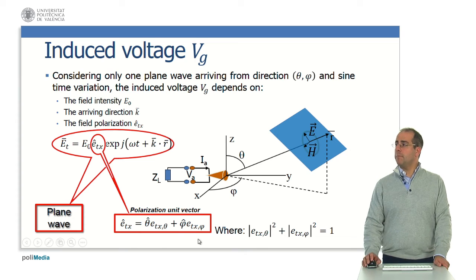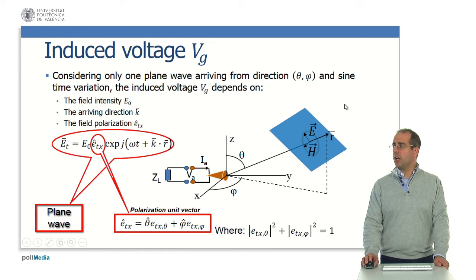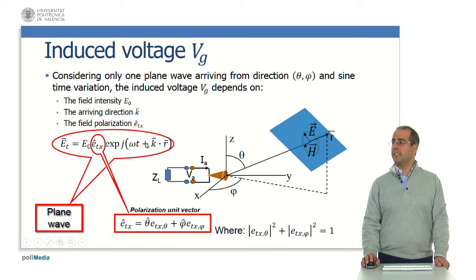Considering only one plane wave arriving from direction theta phi, with sinusoidal time variation, the induced voltage that we have in our receiving antenna depends on the field intensity, on the arriving direction, and on the field polarization of the transmitter antenna that the wave brings. So here we have the definition of the plane wave that arrives at the receiving antenna.